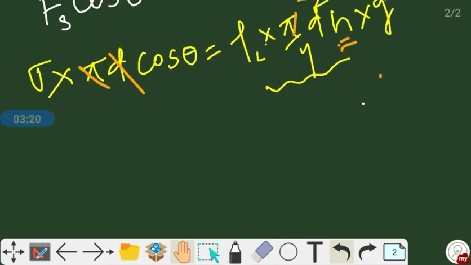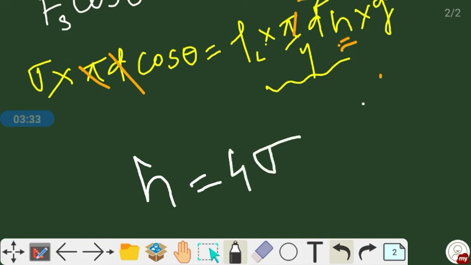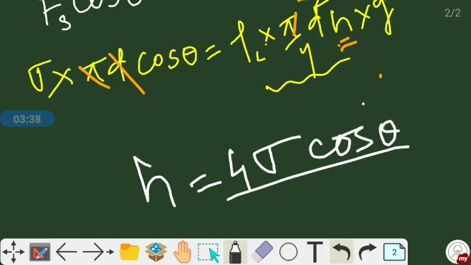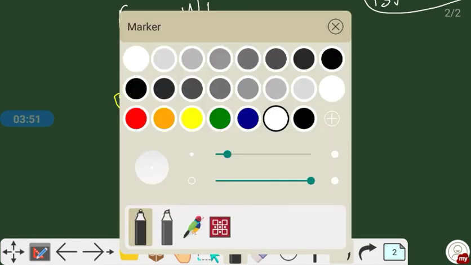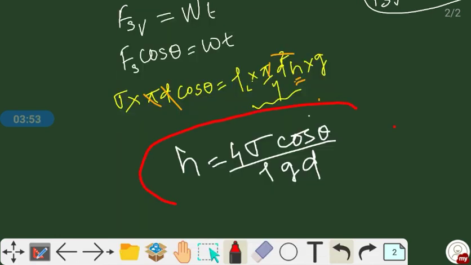So h will be equal to 4 sigma cos theta divided by rho g d. So guys, here we have our formula for capillary rise. This is the formula for capillary rise.